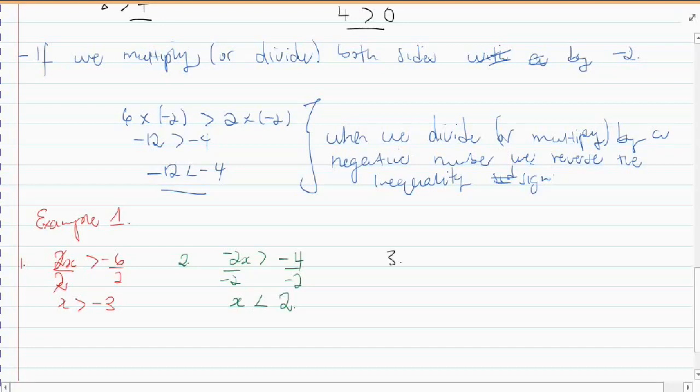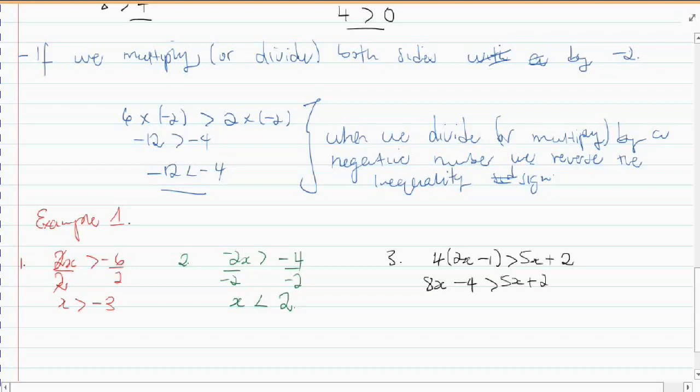Okay, so we can have another example, number 3. We have 4 times (2x minus 1) bigger than 5x plus 2. We first have to distribute the brackets: 4 times 2 is 8x, minus 4 times 1 is 4, bigger than 5x plus 2.